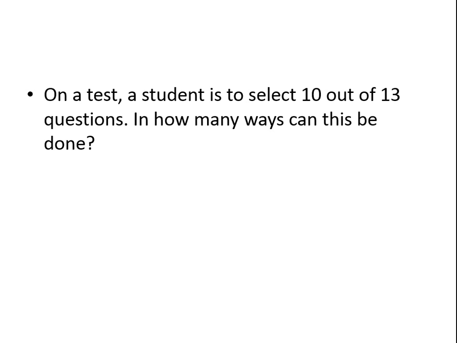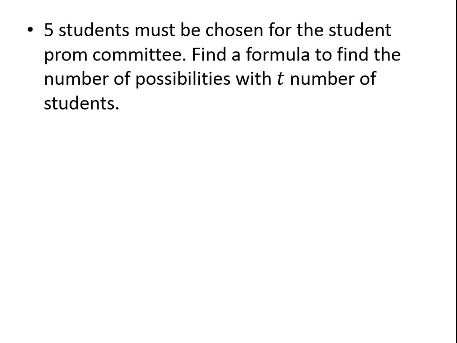So what we have here is a combination, 13C10. When we plug that in and check it, we end up with about 286 different ways we can make a group of 10 out of 13.